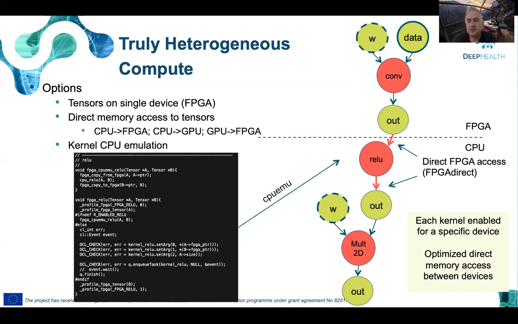For that, we are managing direct access to the devices from the CPU or from the GPU, from the different devices, that should perform as efficiently as possible, in order to allow the ReLU activation function finally to be computed on the CPU. So this is the approach that we are following.